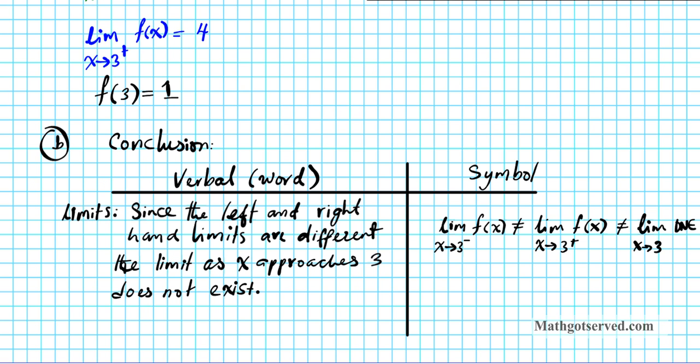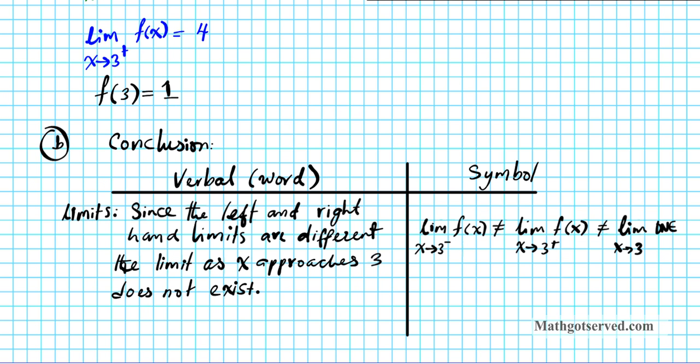Okay, so that's your conclusion right there. Let me just put in f of x here. I need to move it a little bit to make space. So the limit as x approaches 3 of the function does not exist, because the left hand limit and the right hand limit are different. Okay, so there you have it.